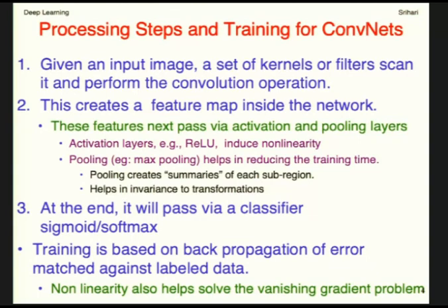Pooling creates summaries of each subregion and helps invariance to transformation. You are reducing the amount of computation and also getting some invariance. It's more robust. And then at the end, it will pass via a classifier using sigmoid for a two-class classifier, softmax for a multi-class classifier. And the training is based on backpropagation of error matched against the labeled data. And nonlinearity also solves the vanishing gradient problem, the nonlinearity that is brought in by activation functions.